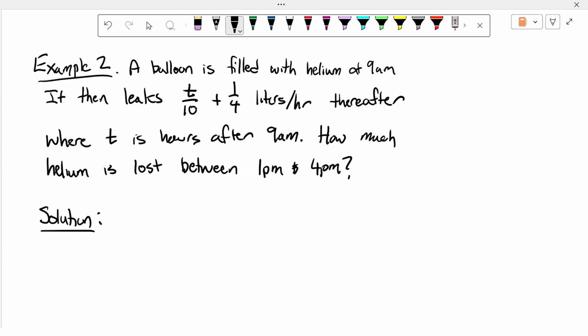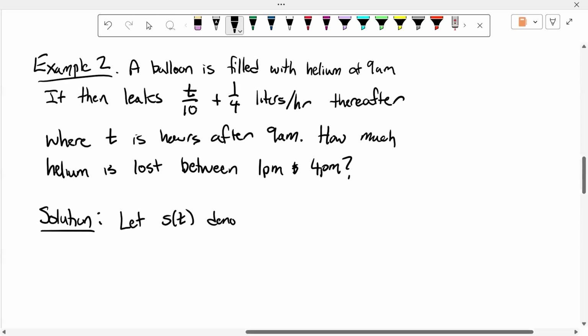But we're not really asked about how much helium is still in the balloon. Another quantity we could measure is how much helium is lost. And that's exactly the sort of thing we're being told information about. And so in this instance, it makes sense to let S of t denote the amount of helium lost.